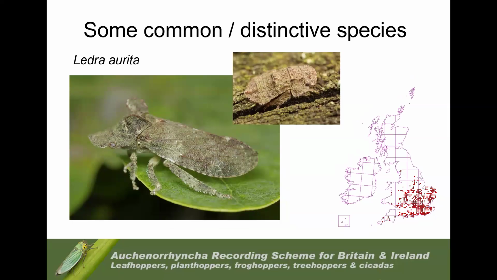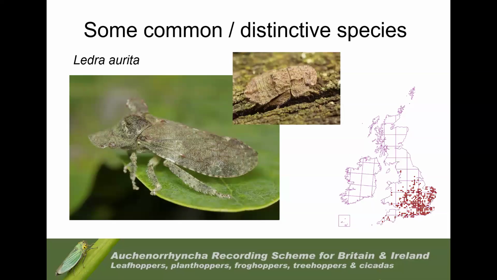Another very distinctive species, Ledra aurita. This is a species where the pronotum has these side extensions. We can see one poking out the back on one side there. That's given it the nickname the eared leafhopper.